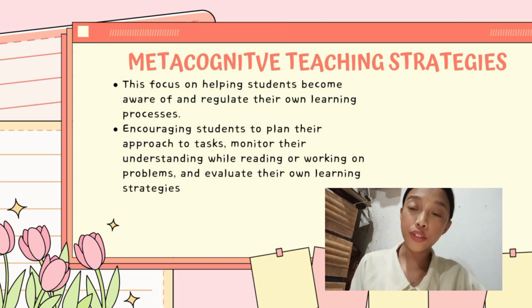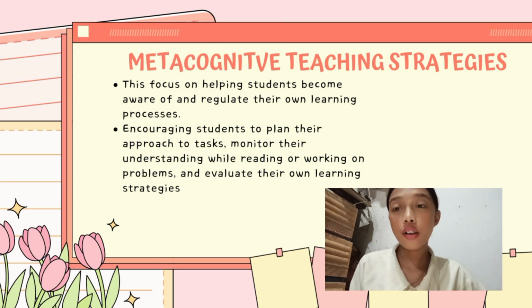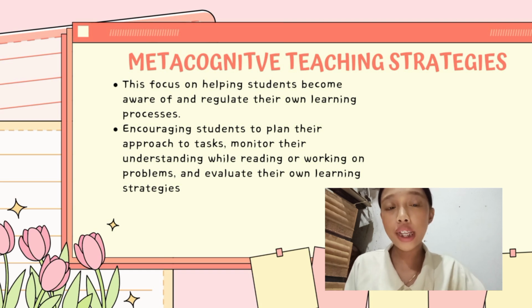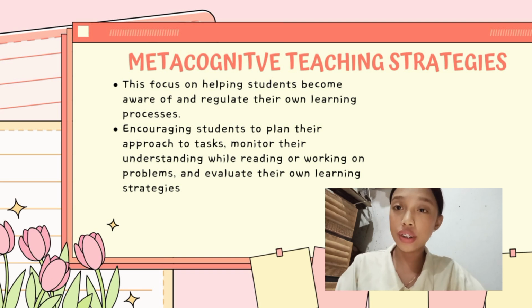Now, let's proceed to the last part of our discussion, which is the metacognitive teaching strategies. This focuses on helping students become aware of and regulate their own learning process. It is encouraging the students to plan their approach to a task, monitor their understanding while reading or working on a problem, and evaluate their own learning strategies.